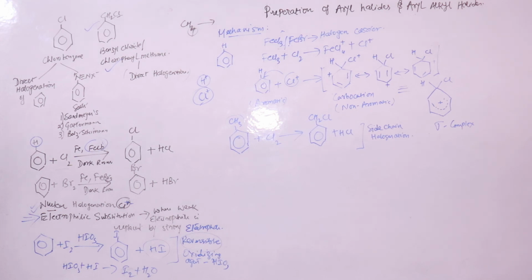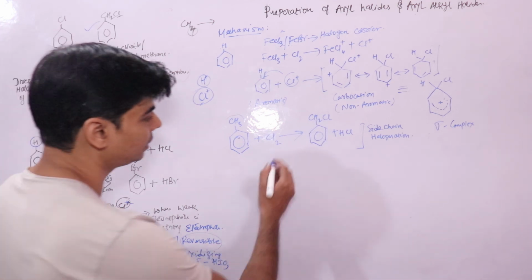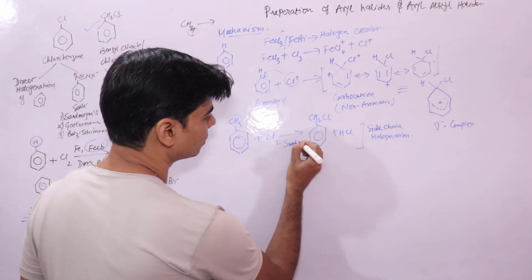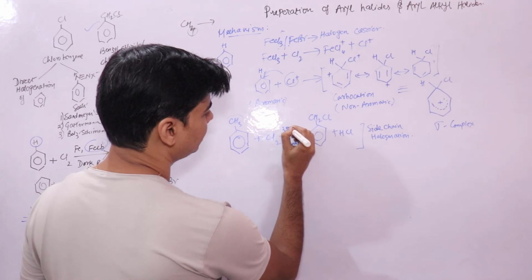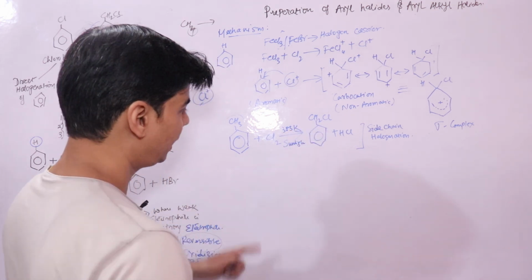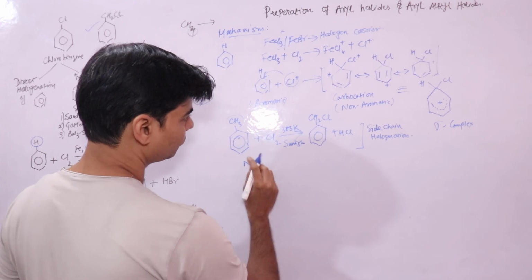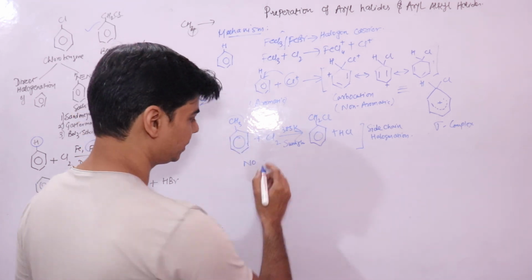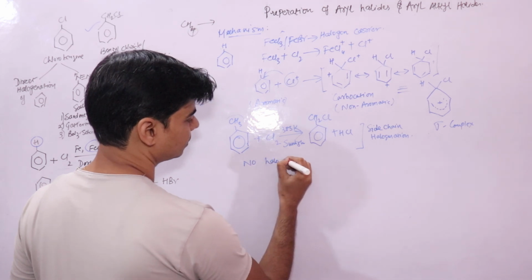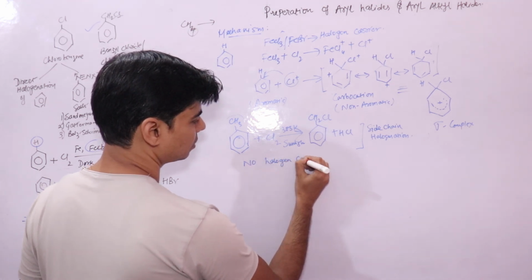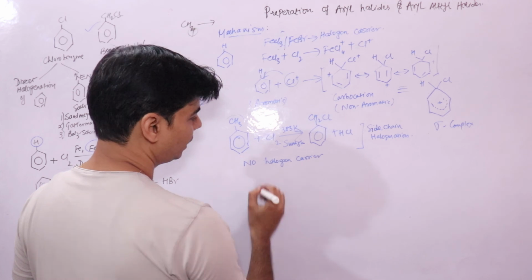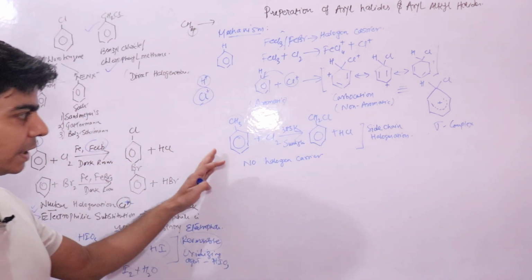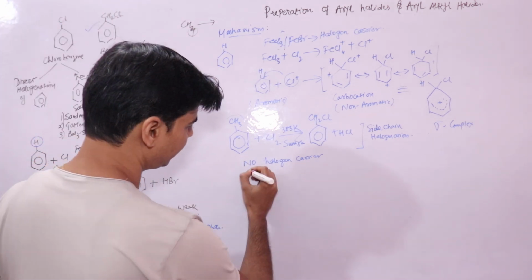And the conditions for these reactions are that they are done in the presence of sunlight, 383 Kelvin, right? And you have no halogen carrier. For side chain halogenation, you do not need any halogen carrier, right? And the mechanism of this side chain halogenation is a free radical mechanism.